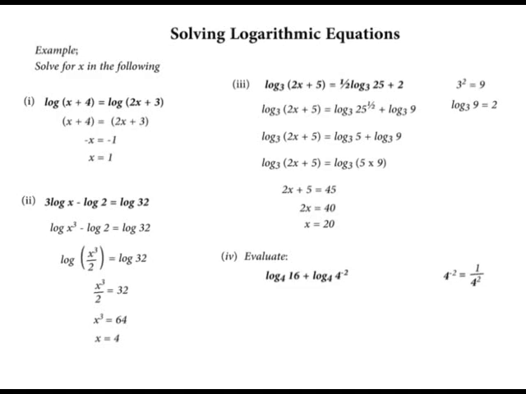And so we shall have log to base 4 of 16 plus log to base 4 of 1 over 4 raised to power 2. That gives us log to base 4 of 16 times 1 over 16. If we cancel out, we shall end up with log to base 4 of 1, which is equal to 0 because 4 raised to 0 is equal to 1.